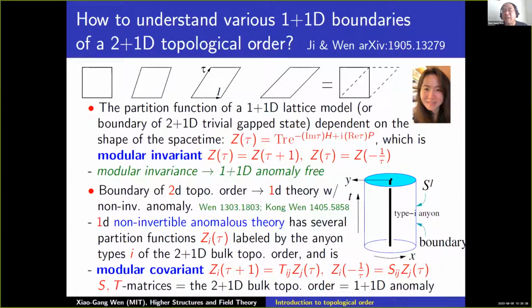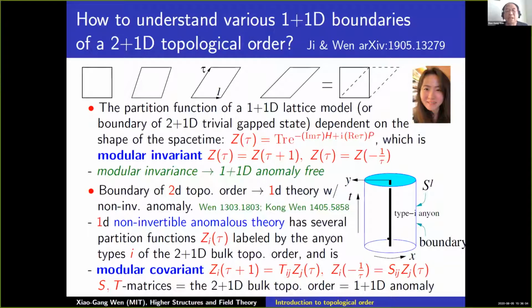But this anion in the middle is far away from the boundary, so in some sense the boundary is still the same. However, insertion of an anion in the bulk changes the boundary sector, and actually gives us a different boundary partition function. Therefore, the different boundary partition functions are again labeled by an anion type in the bulk.